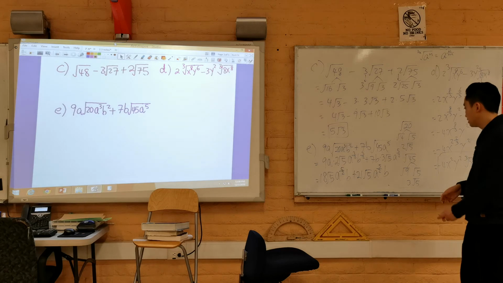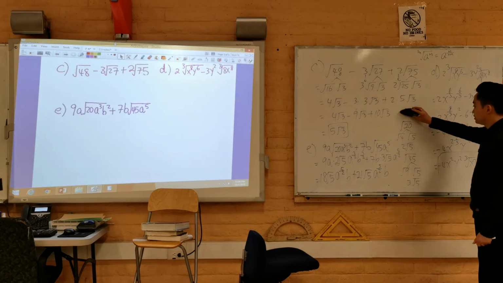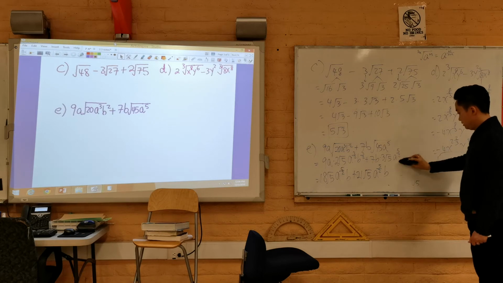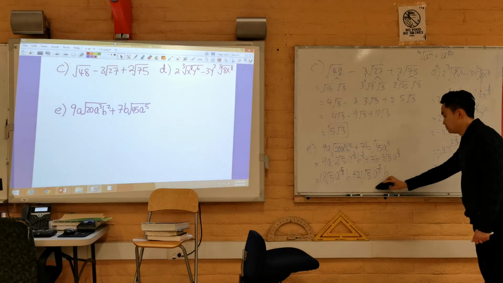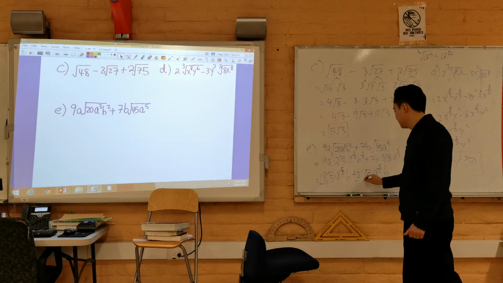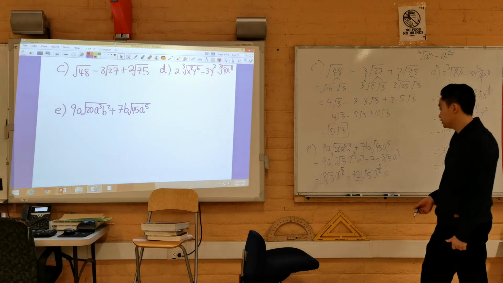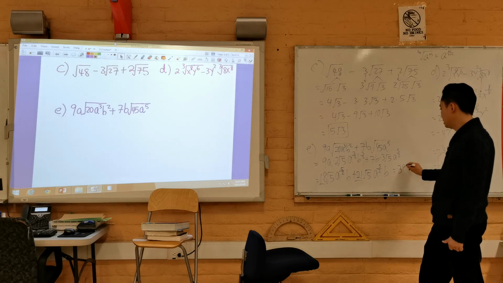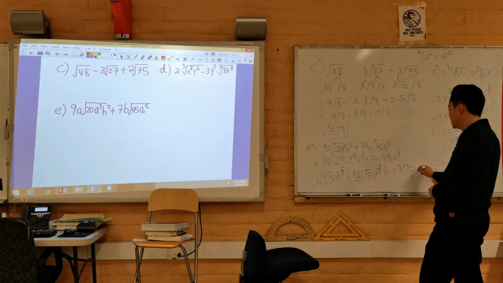So once again, compare and contrast, you'll see that they share in common root 5, a to the power of 5 half, and b. So for the coefficients, we just want to combine them. 18 plus 21 is 39 root 5, and then a to the power of 5 half, b.